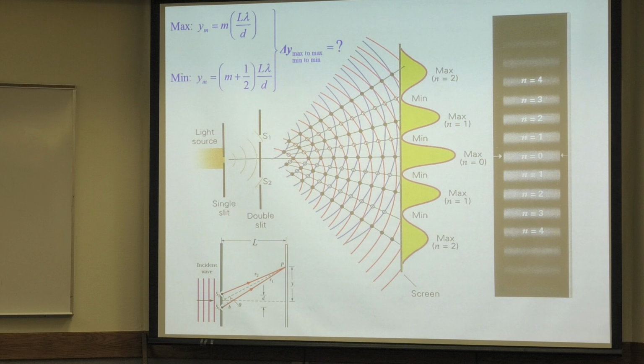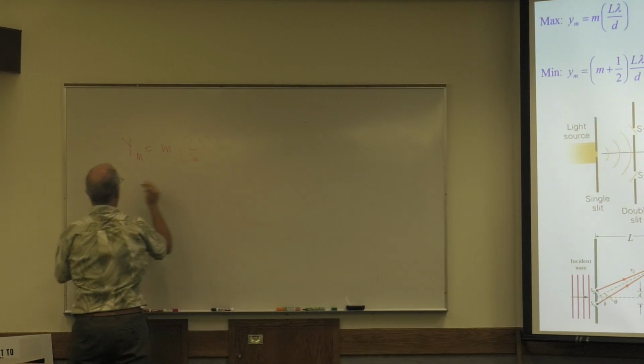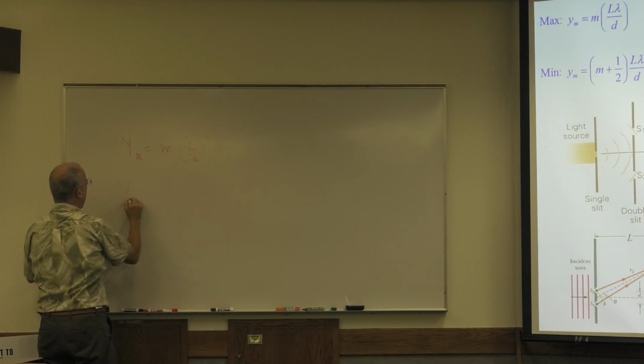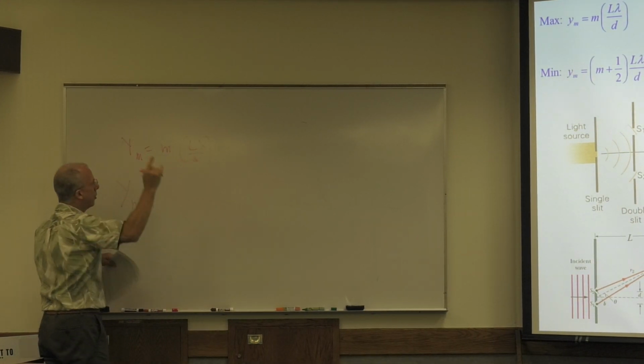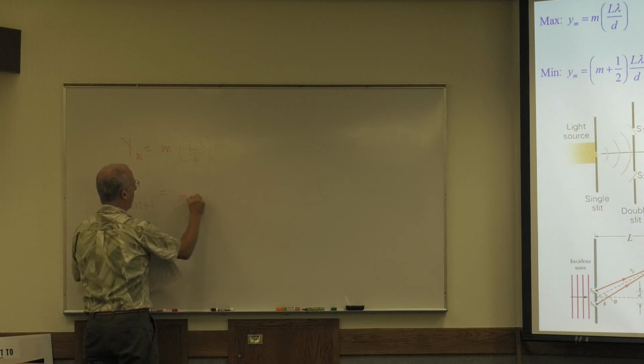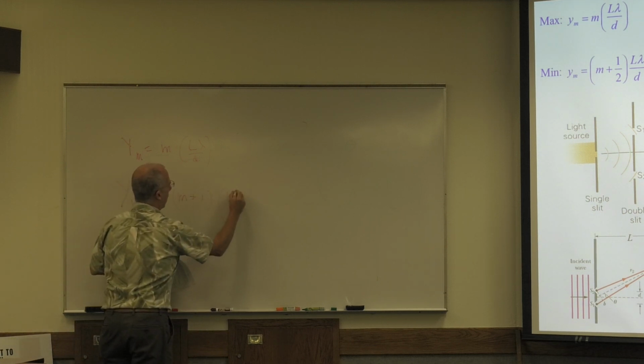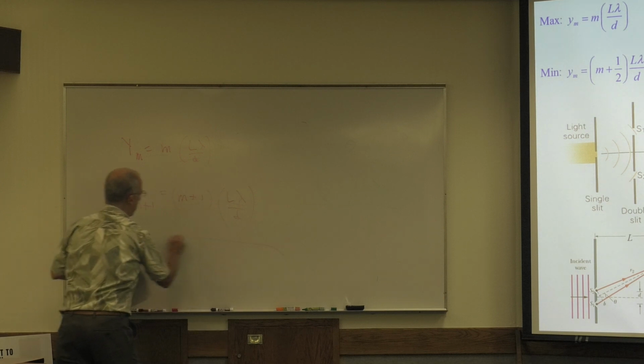Okay, let's do it. Let's do the max. We know Ym equals m L lambda over d. So Ym plus 1, the next one, equals m plus 1 L lambda over d. So just subtract.